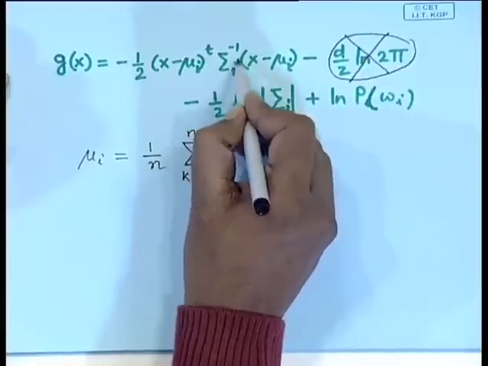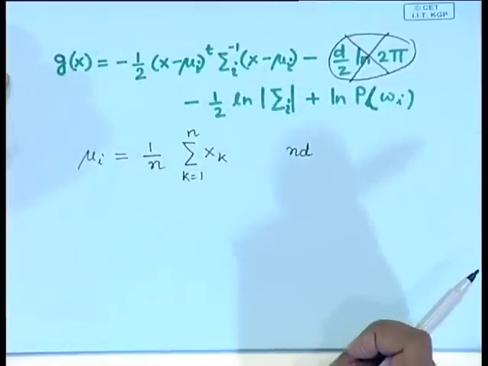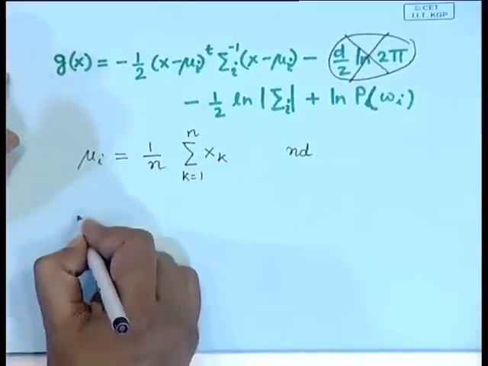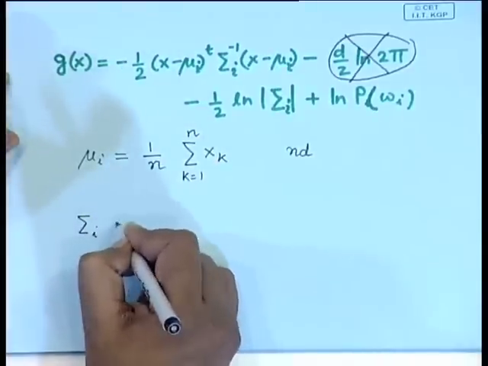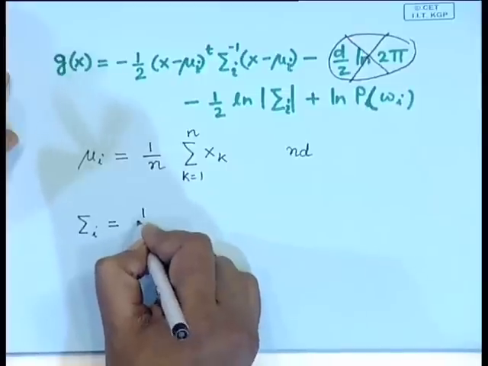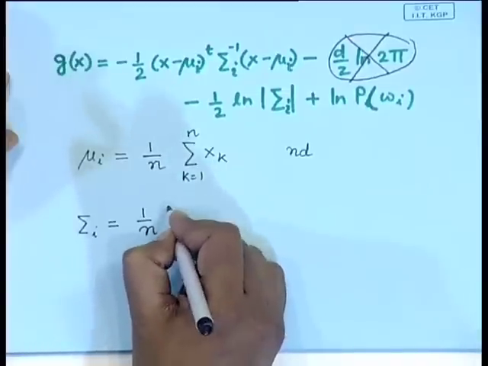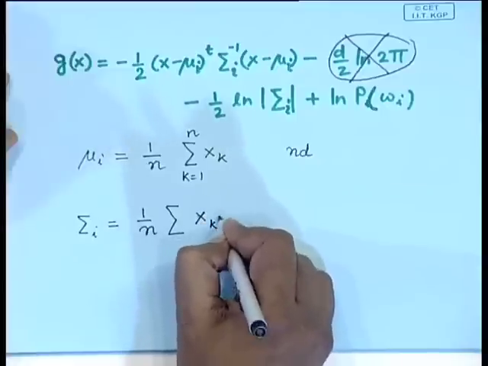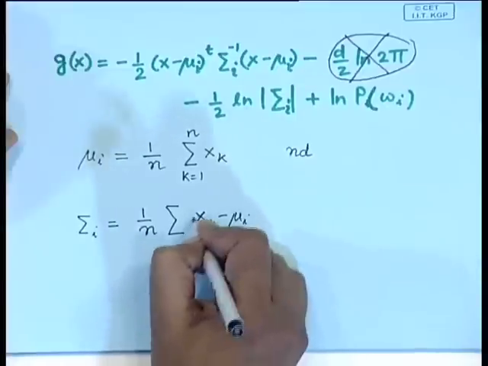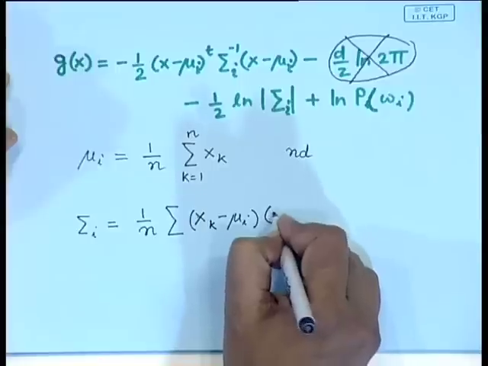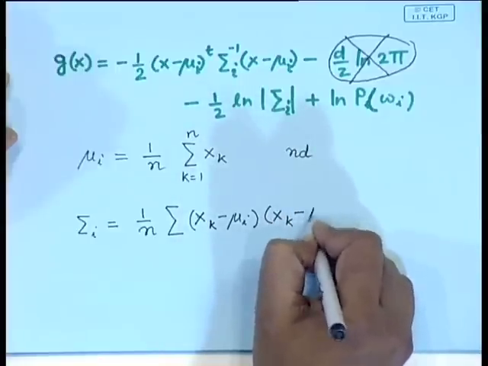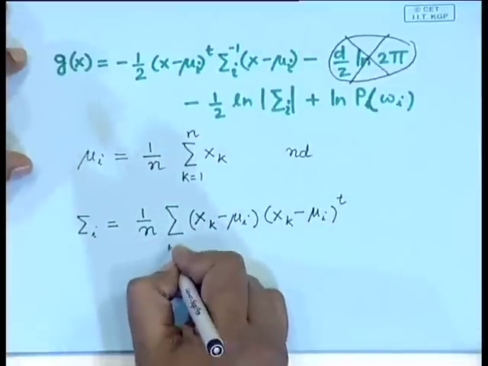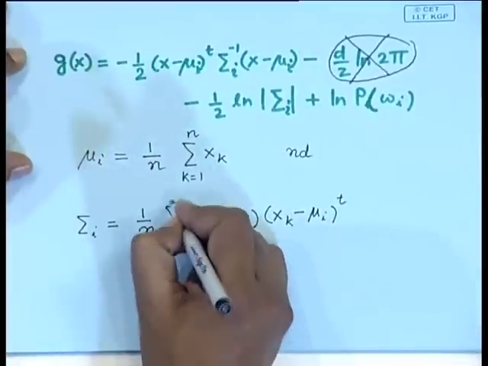Now, coming to the other term, the computation of sigma I or sigma I inverse. The definition of sigma I was 1 over n into summation of (x k minus mu I) into (x k minus mu I) transpose, where k varies from 1 to n.